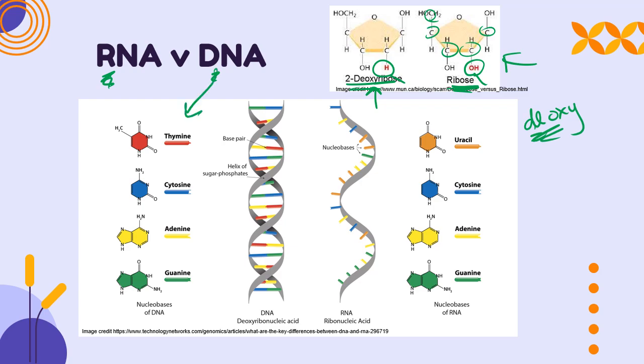In DNA, we have T, C, A, and G. You do need to know the whole entire names, not just the letters. DNA has thymine, cytosine, adenine, and guanine. RNA has almost the same, except we're going to replace thymine with uracil. Cytosine, adenine, guanine remain in RNA, but now we have uracil instead of thymine.